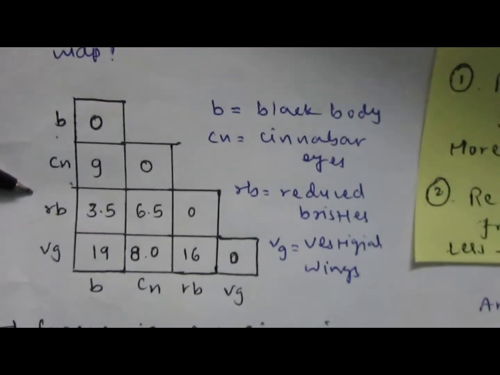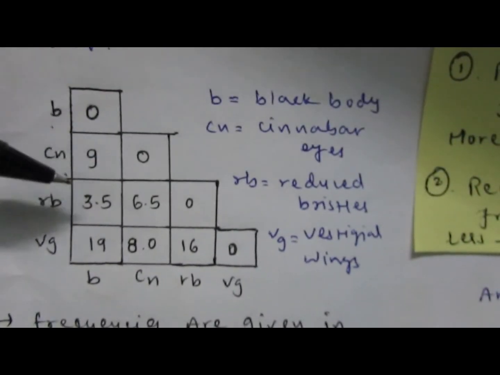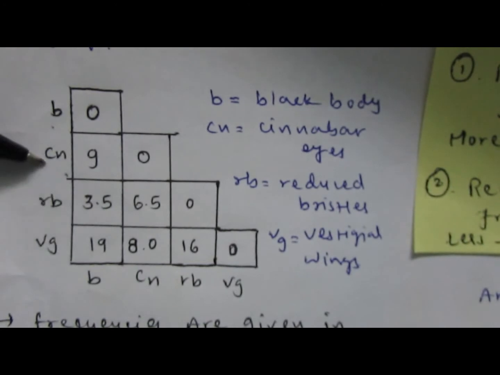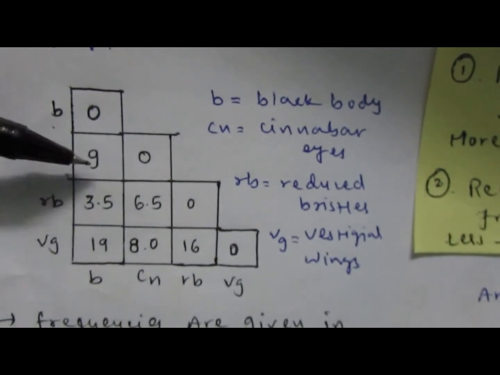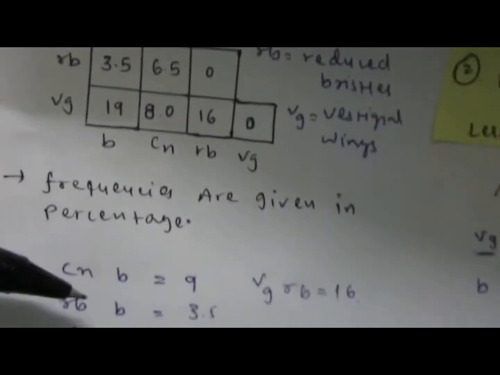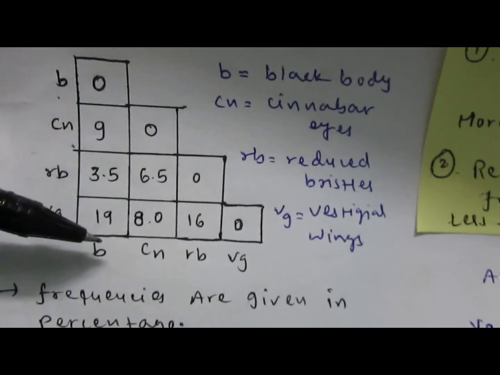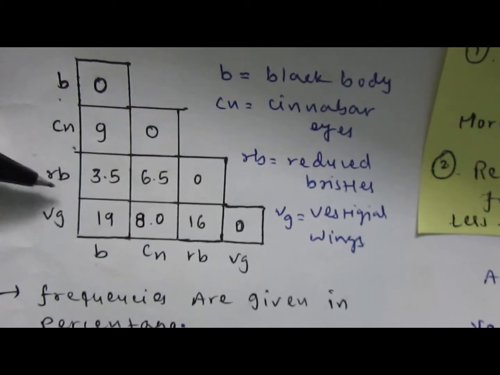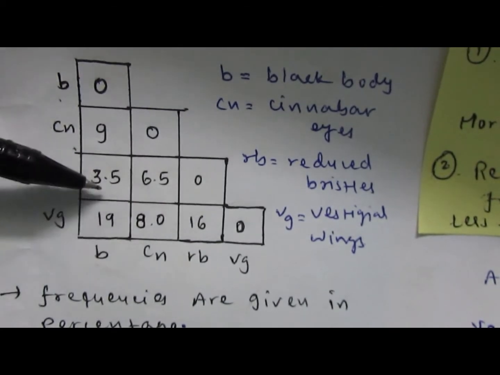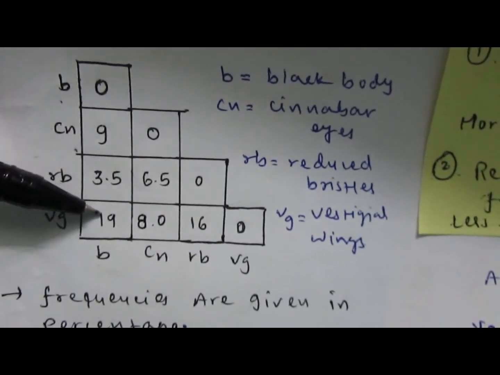Based on this figure, the recombination frequency between Cn and B gene is 9. So I put this data over here: Cn and B is 9, Rb and B is 3.5 in terms of percentage.